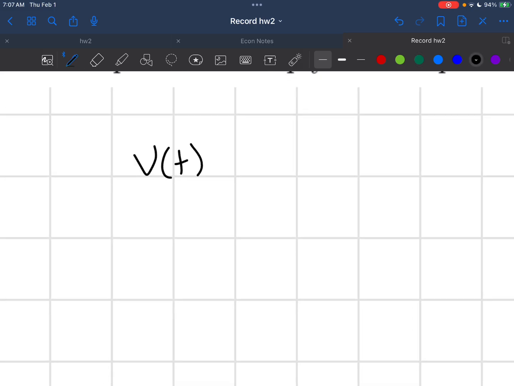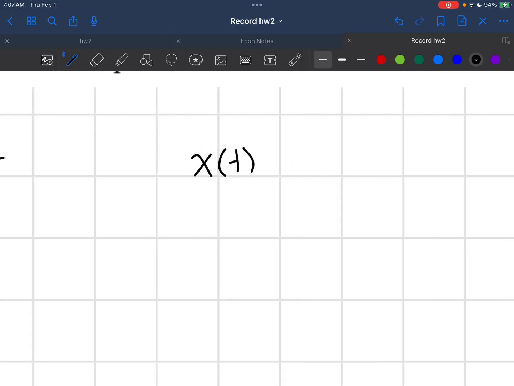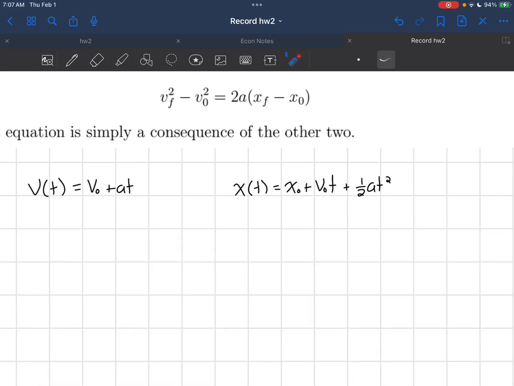So v of t is v naught plus at, and x of t is x naught plus v naught t plus 1/2 at squared. Now I'm not writing this with my x or y subscripts because it could be x and x or it could be y and y. I'm just keeping it general because I don't want to write those subscripts every time I rewrite my equation.